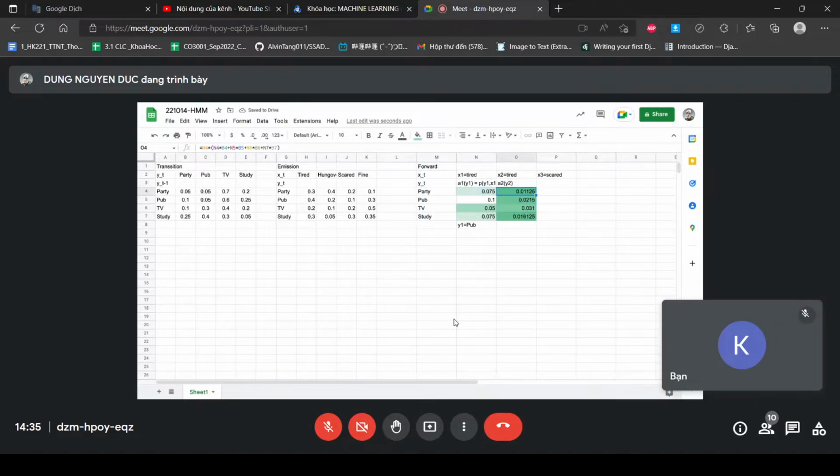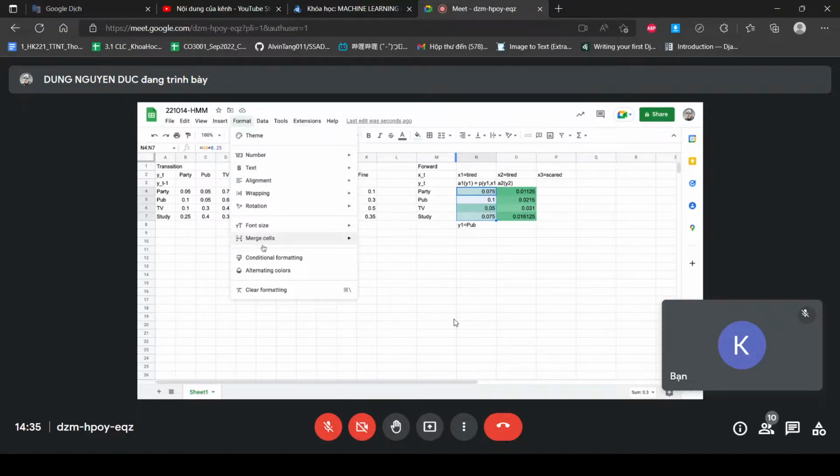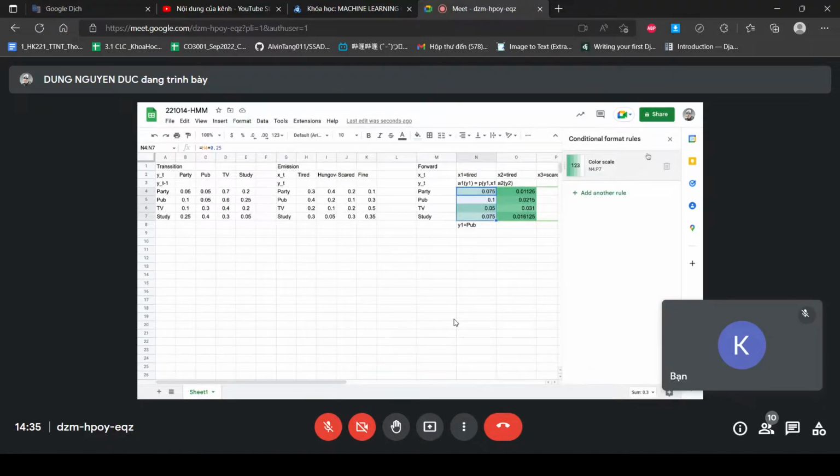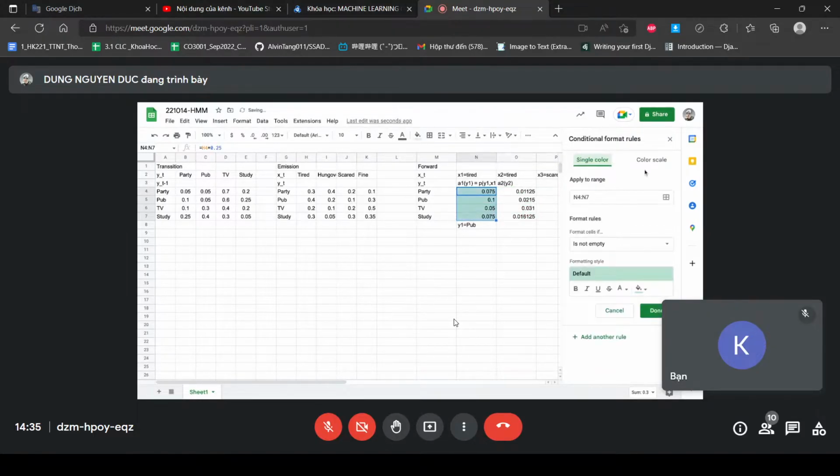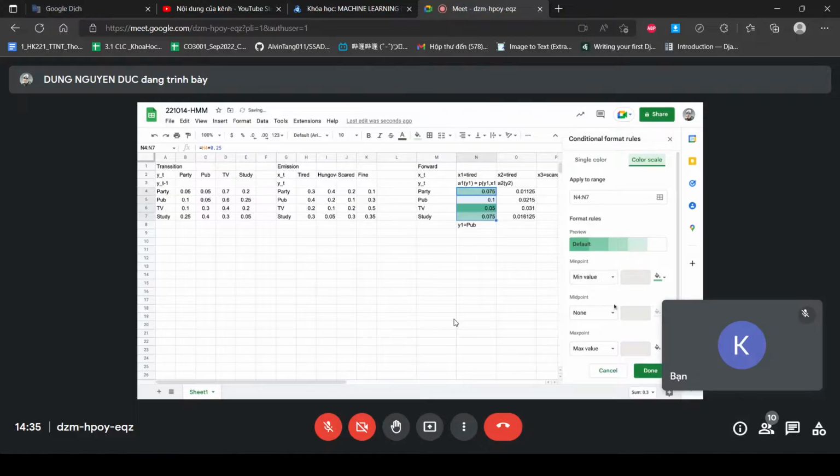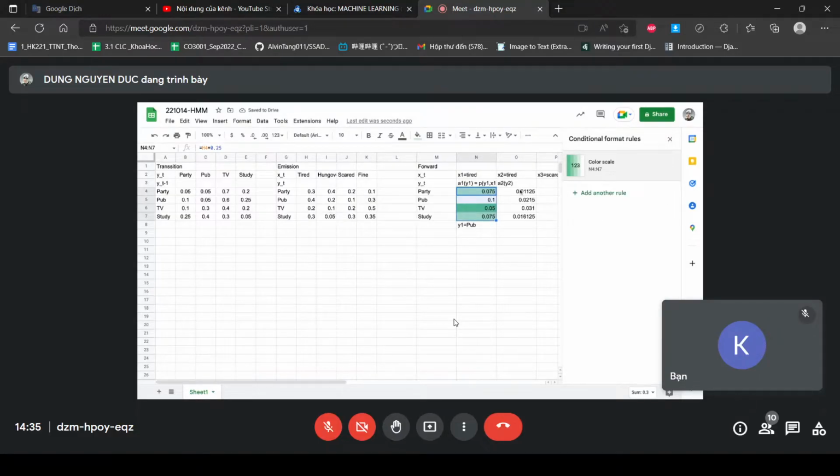Oh, sorry. I think I made a mistake. So again, this one will be, okay, delete this one. Add another rule using color scale. Okay, I'm done with this one.